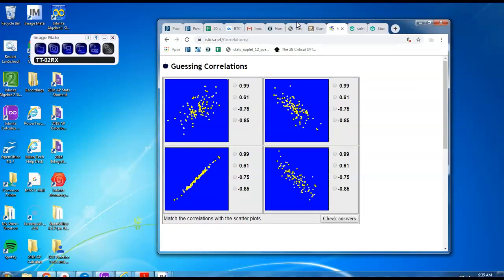They're not going to give you a line like this and say your choices are 0.6, 0.61, 0.62. They understand that they have to be pretty far apart. But if I'm looking at this one here, it can't be these two, right? Why not? Because that's an upward slope. 0.99 would be almost every point right on that line, and that's not the case here, so we'd end up at 0.61. Does that make sense?